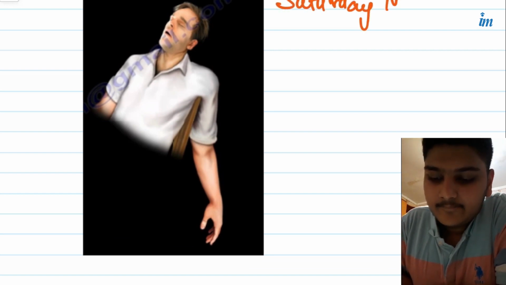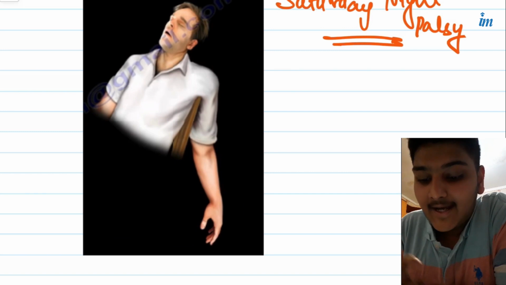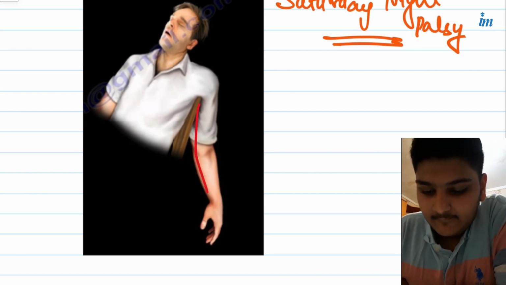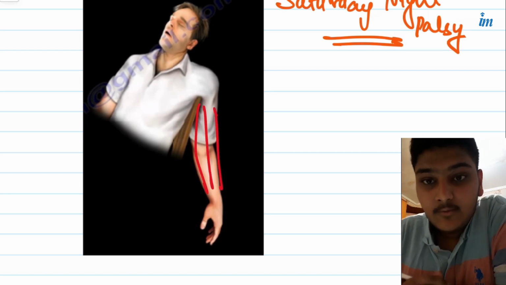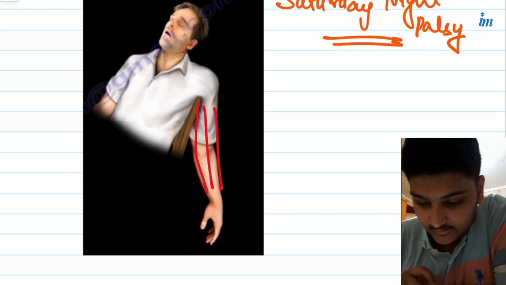Now why does injury occur at this B point, that is in the spiral groove? Injury to your radial nerve in the spiral groove is basically known as Saturday night palsy. It occurs when you sleep overnight with one of your arms resting over the armrest of a chair.